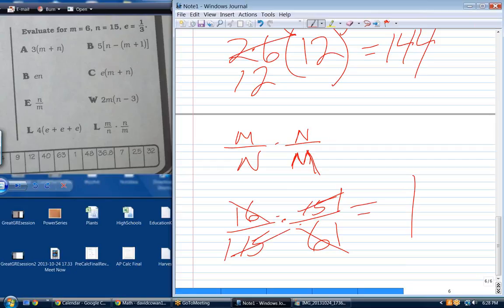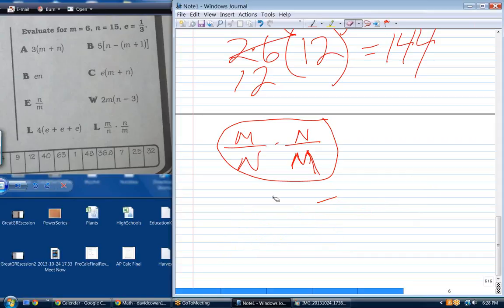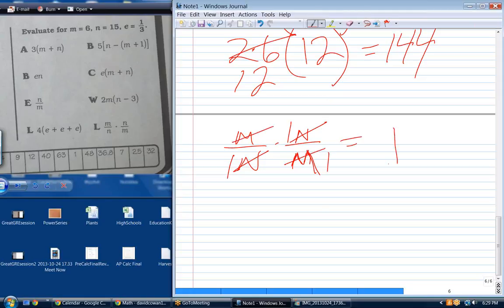Now, before we go, look at this problem carefully. I don't need to know what the numbers are. No matter what M or N is, I can cancel that N and that N, and I can cancel that M and that M, and get 1 without knowing.